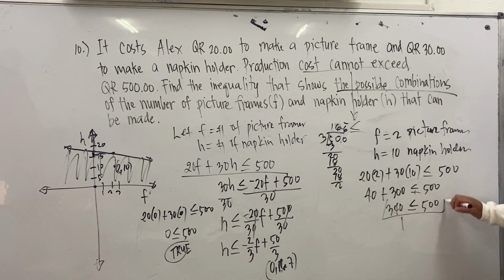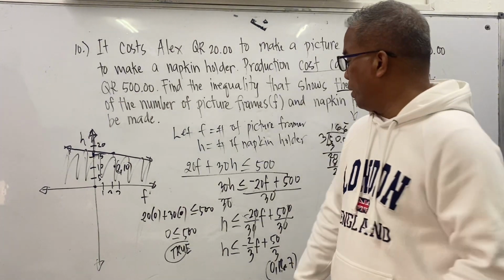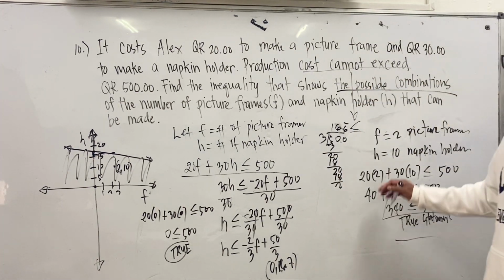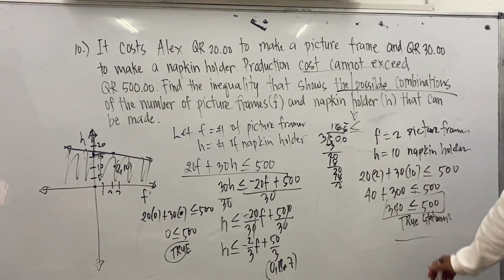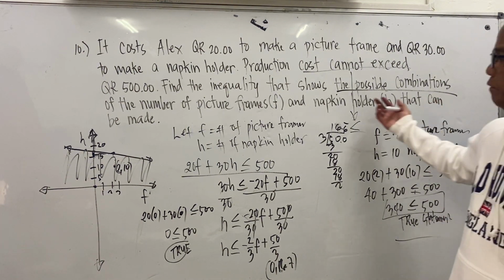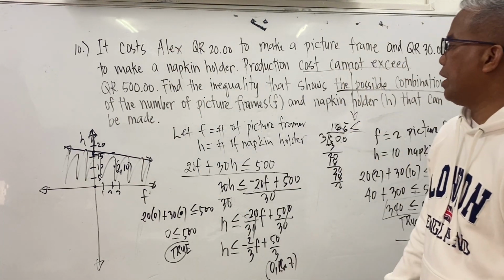So the answer now is a true statement. Which means one of the possible combinations will be 2 picture frames and 10 napkin holders that Alex can make.